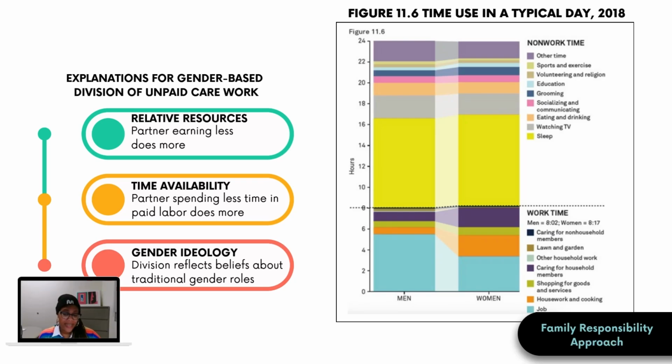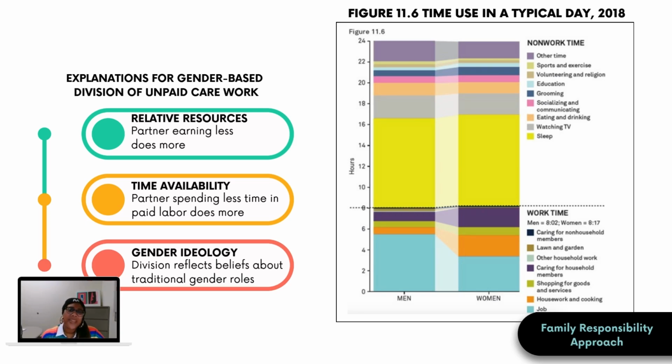So while every individual household is different and has its own nuances and quirks, for the most part, we see the same three explanations show up as patterns when it comes to why we have gender-based division of unpaid care work. The first two are relatively simple and kind of make sense. In general, the problem here is that the patterns usually fall in a direction where women end up with more unpaid care work. The last one makes no sense and it needs to be thrown out altogether.